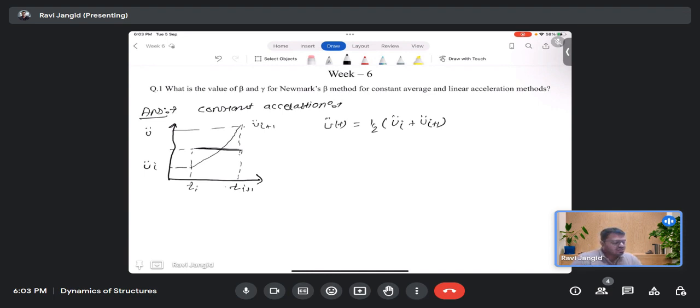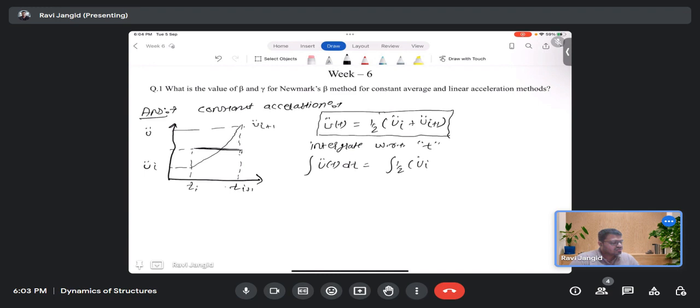Now we need to find out what is the displacement and what is the velocity corresponding to this, to find the next step. For this, we integrate this equation with respect to t, both sides, from ti to t.